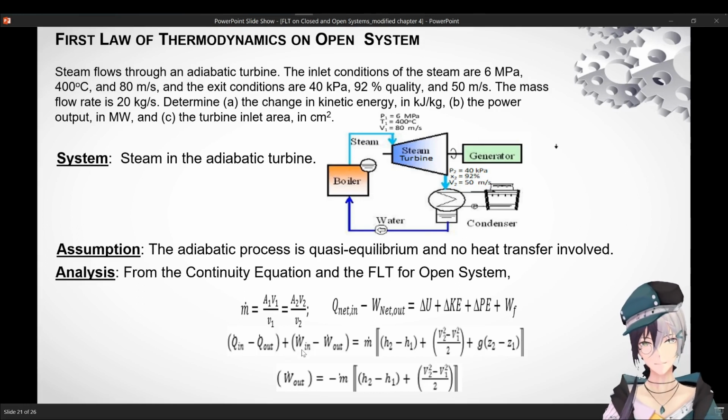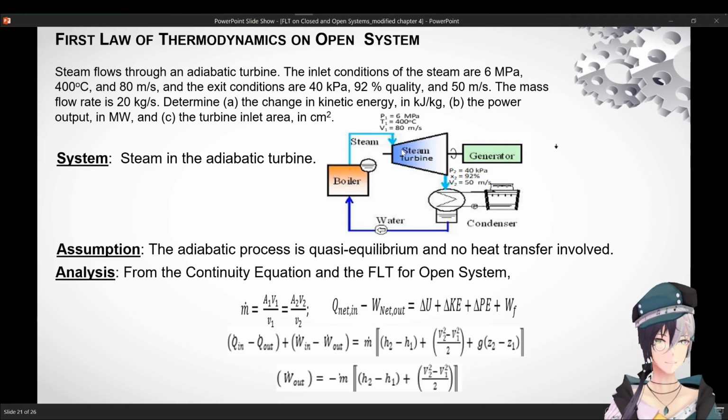Let me be clear with this one. There's no change in elevation, so this is zero. We are given velocity, so we need to use this formula, in meters per second, divided by 2000, and then enthalpy. Since we are just considering the turbine, there is no work in.